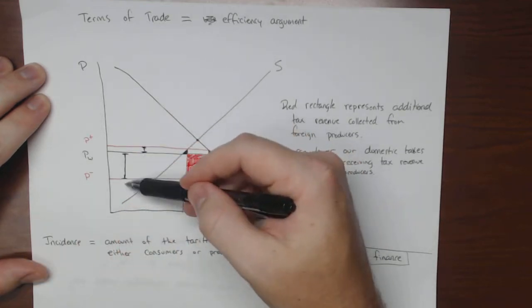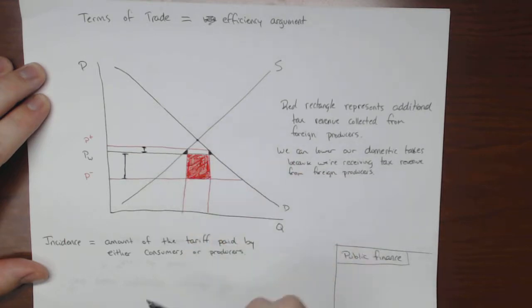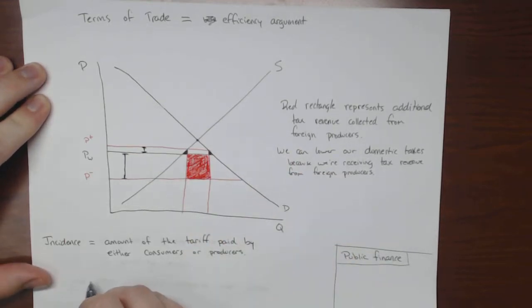So notice how this distance between PW and P minus, or to put it more formally, PW minus P minus, is far bigger than P plus minus PW. This is the amount of the tariff that foreign producers pay because they get to keep a smaller amount of the price.